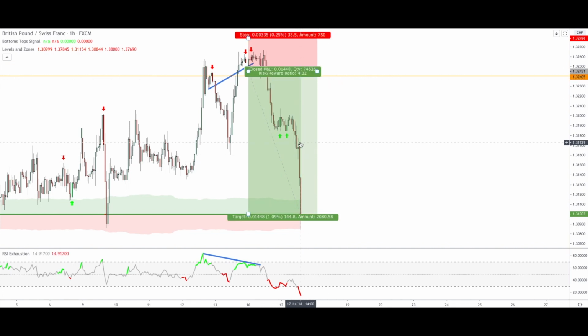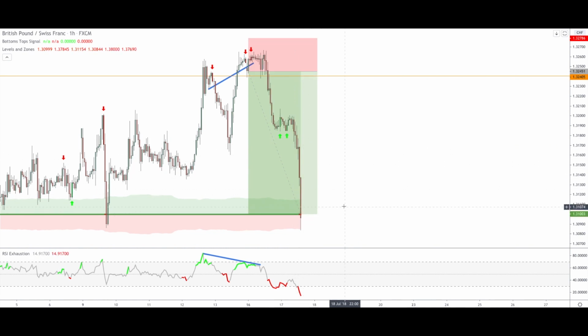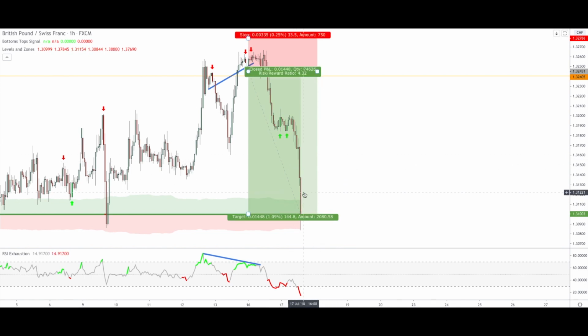We were even lucky because the price just accelerated towards the end of our trade, which is always nice to see because you get out of a trade quite rapidly. Of course, we cannot predict this kind of movement because we can only predict where the price is likely going, so which level the price will likely go.